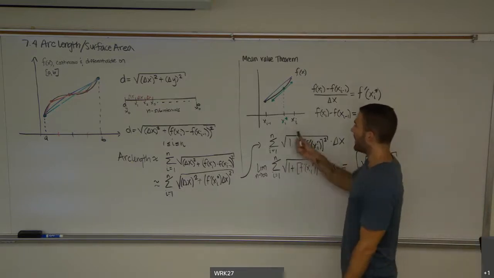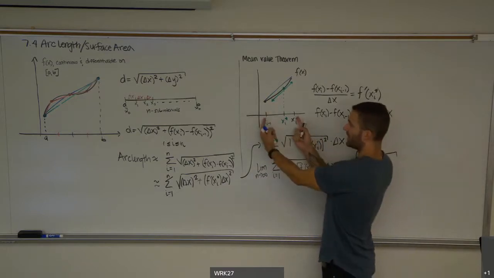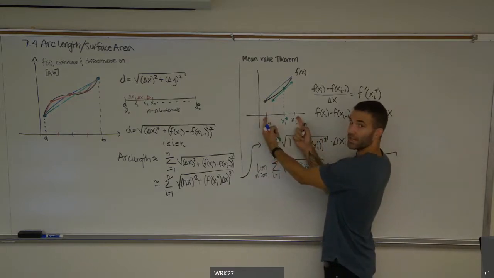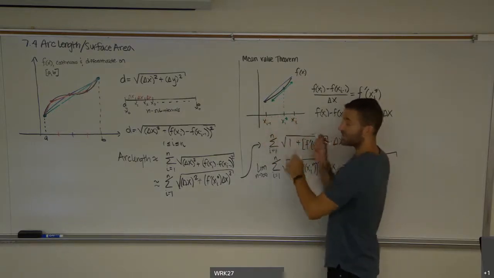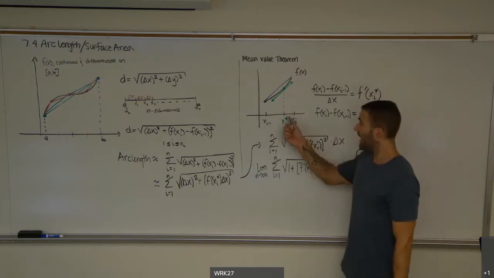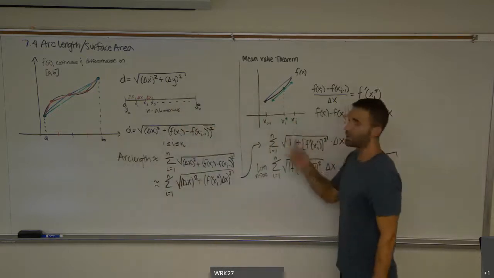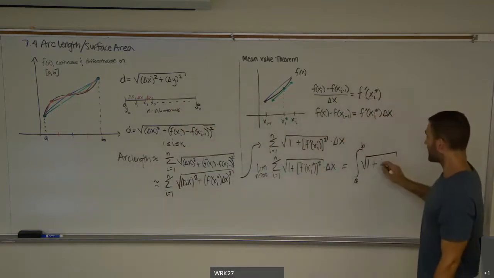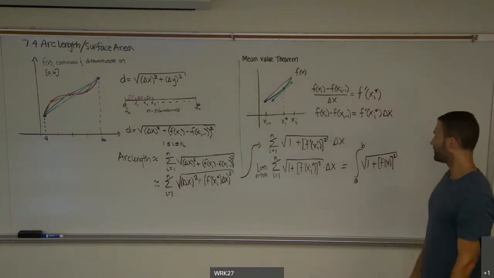Now, we realize that as I put more and more intervals in this region, the distance between xi minus 1 and xi is getting smaller and smaller. Eventually, this distance is getting infinitesimally small. And so at some point, every x value between a and b becomes a special point xi star. So actually, this will be true for all x. f prime of x squared.